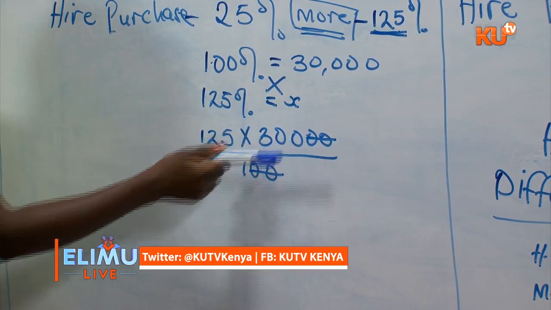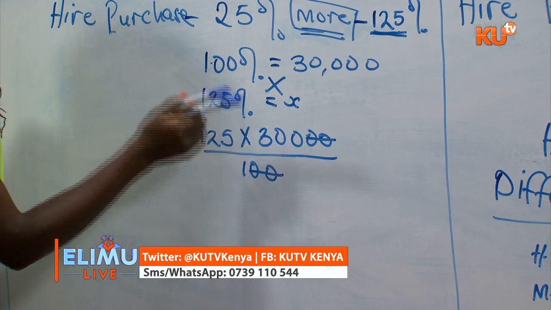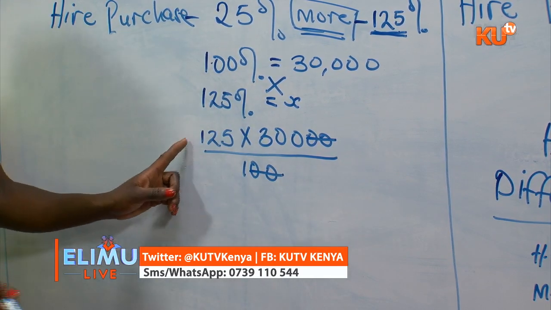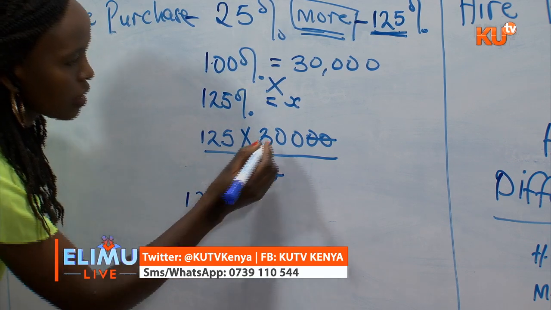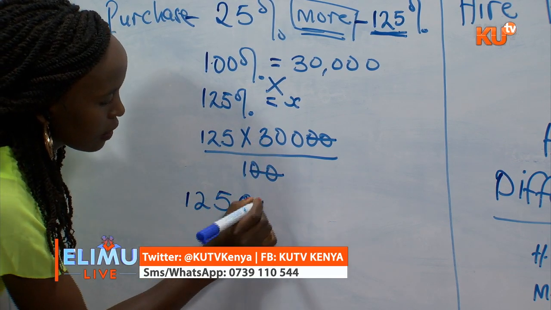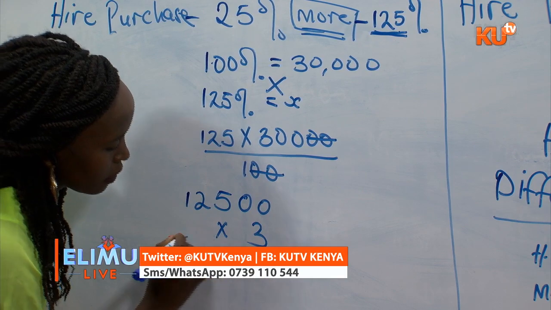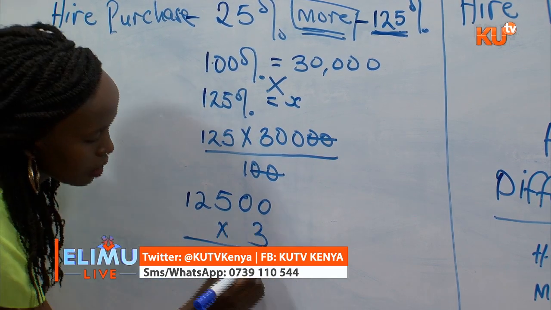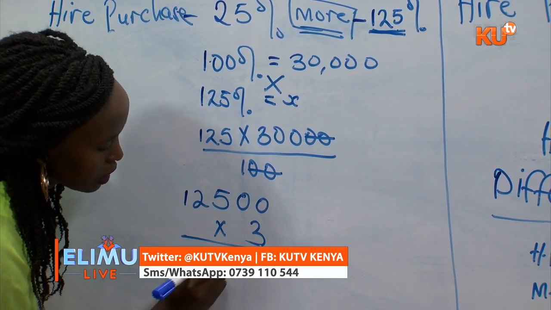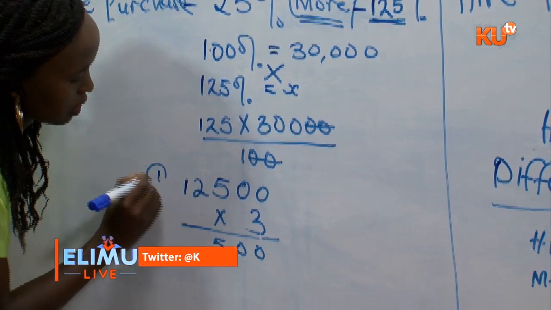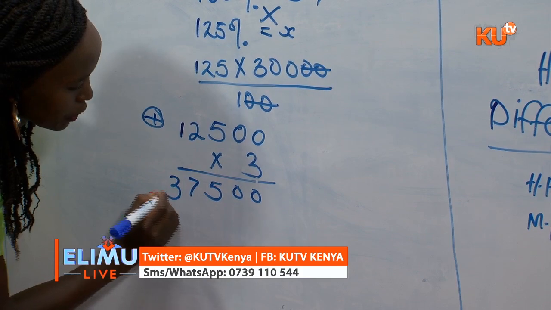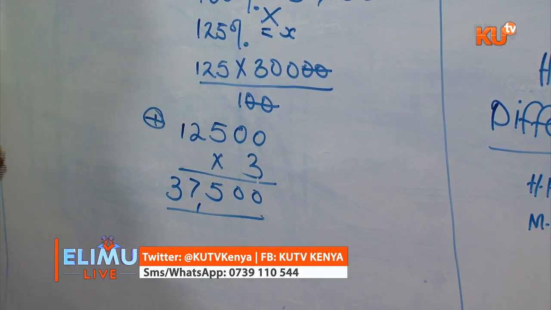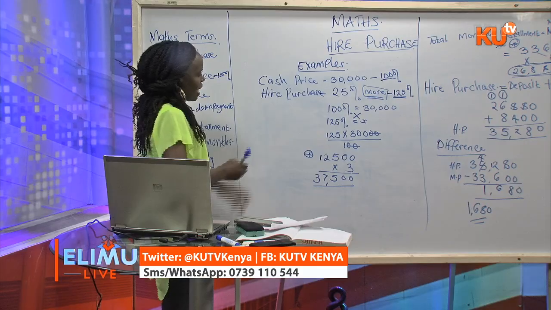So I divide 30,000 by 100 and get 300. So I take 125 times 300. We get 37,500.